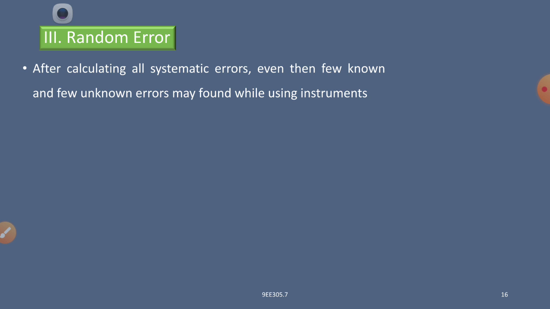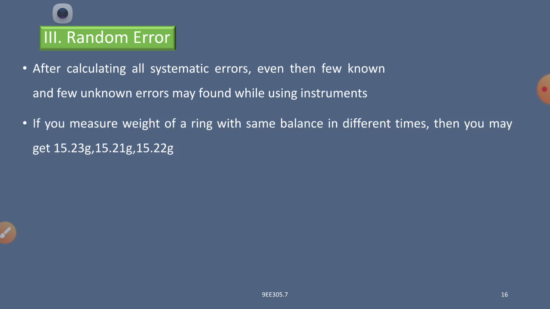After careful observation, sometimes unpredictable errors may take place. These unpredictable errors are known as random errors. Random means at any time, anywhere, errors may occur. This is known as random errors.